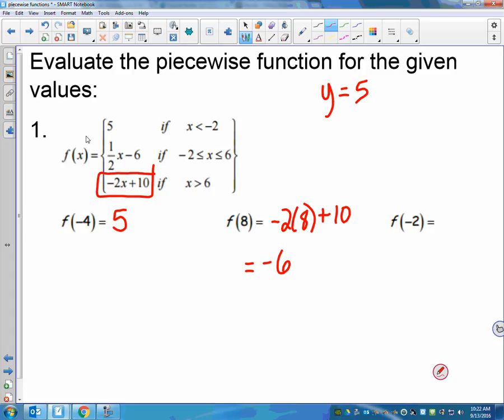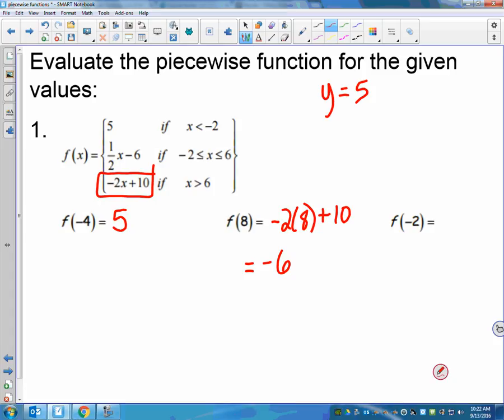And the last one, oh, what about this one? -2. Right, so this one, we have everything less than -2 here. Here's everything greater than or equal to -2. So although -2 is listed twice, it's only included in the middle one.